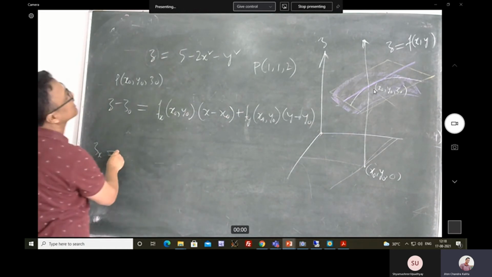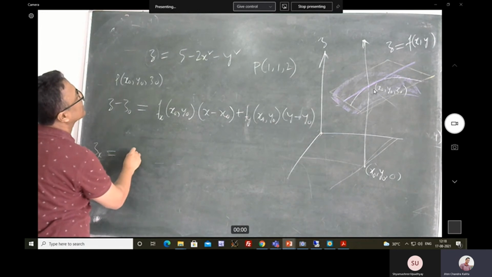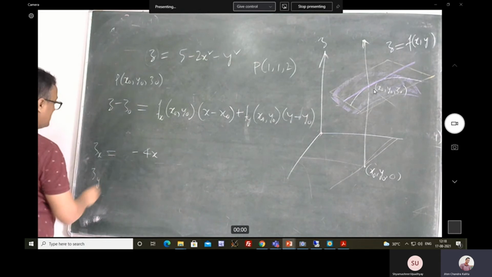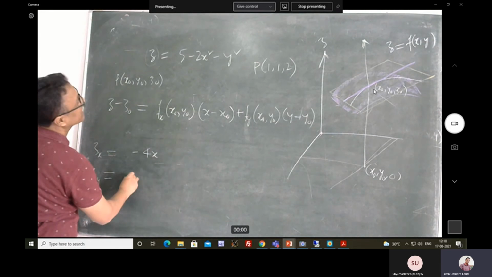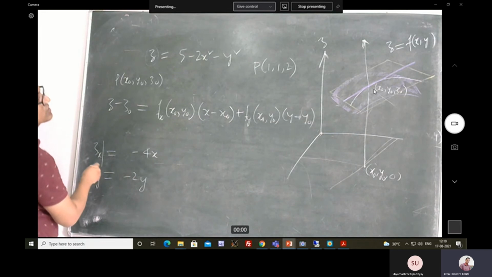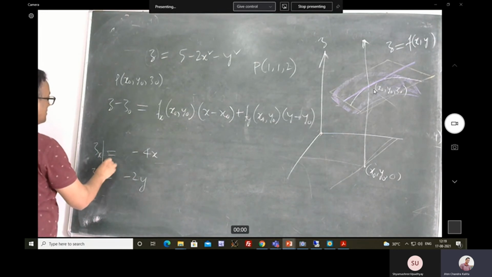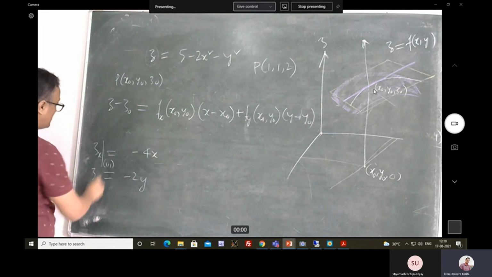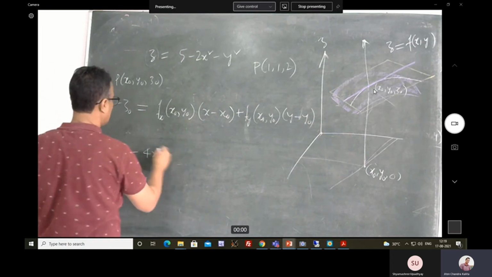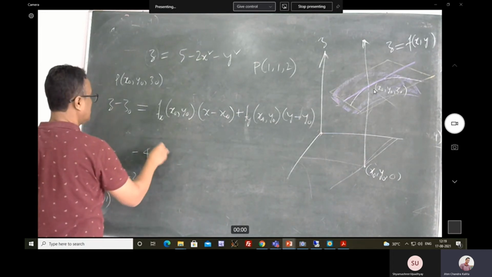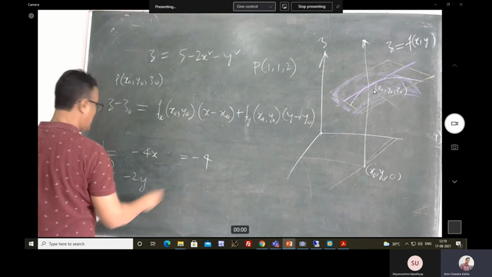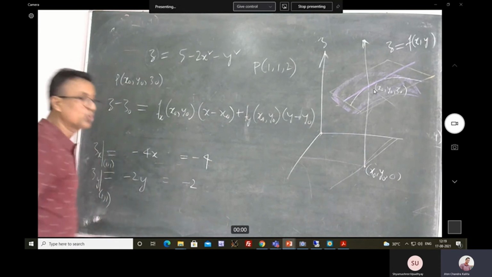So zx is going to be minus 4x, and zy is going to be minus 2y. At the point (1, 1), zx is eventually minus 4, and zy is minus 2.